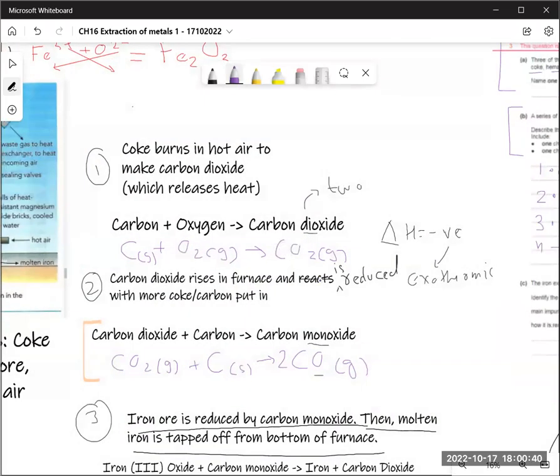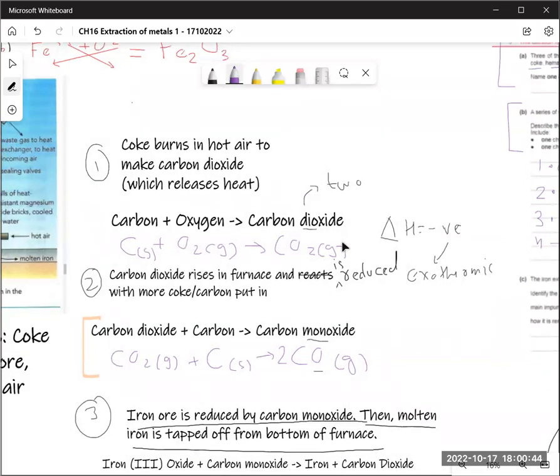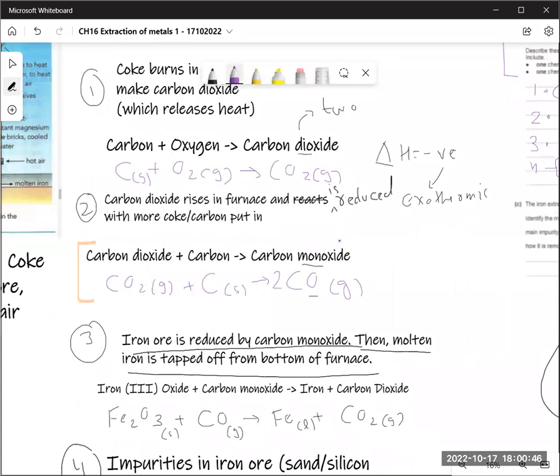Now, Safa, have you finished writing? Yes, sir. Zahra? Yes, sir. Now, tell me the second step of this process. Read the second step. Carbon dioxide rises in furnace and is reduced with more carbon put in.